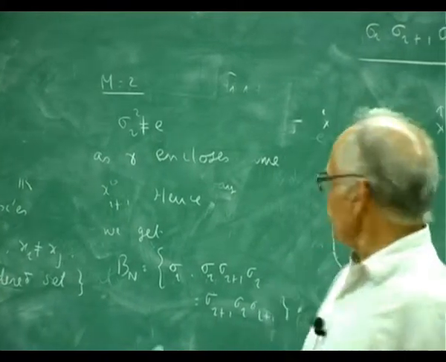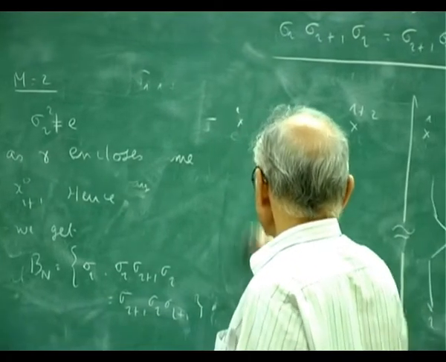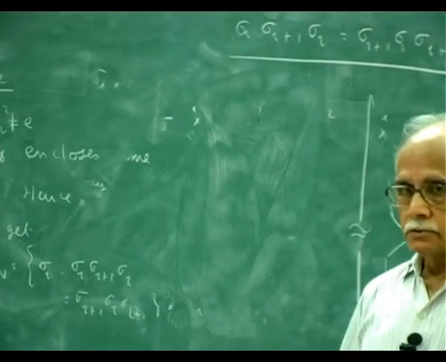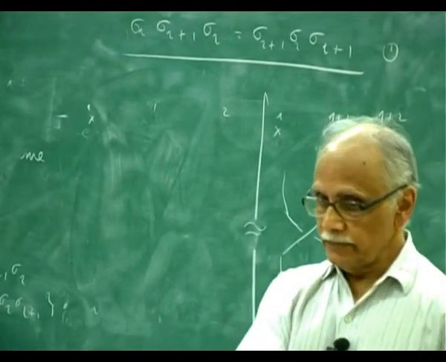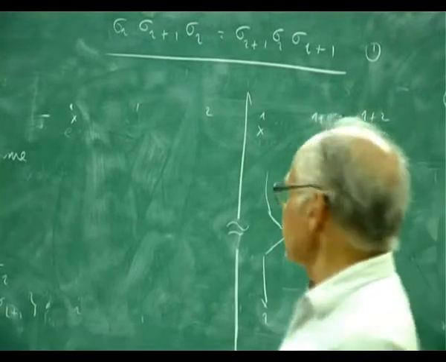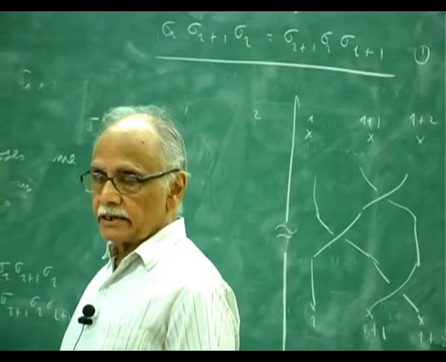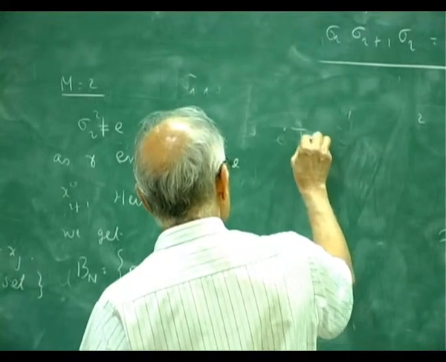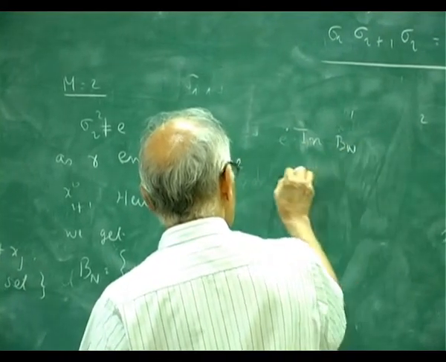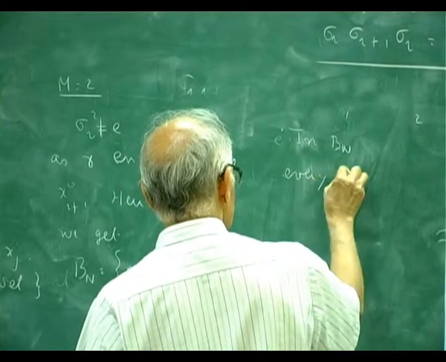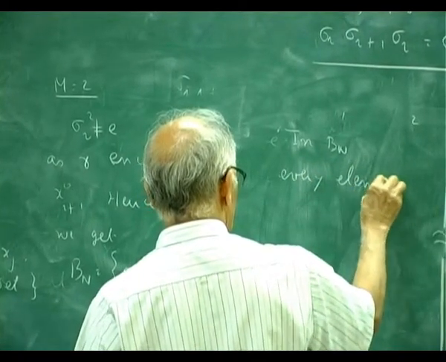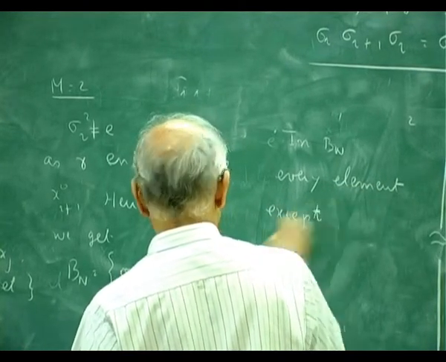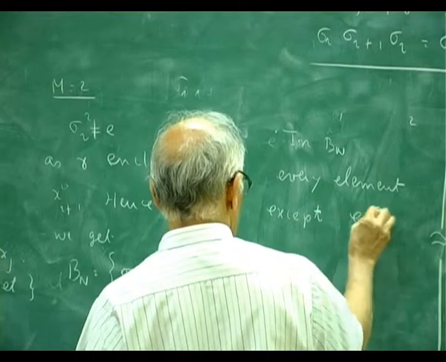If you allow the square, if you drop that, there is only one relation you are dropping. But this group Bn, every element except identity is of infinite order.